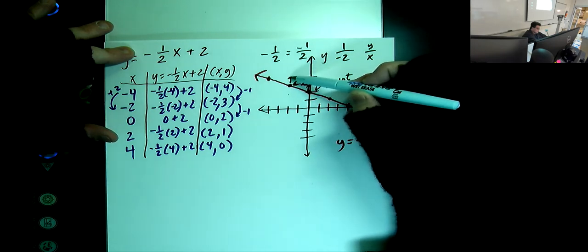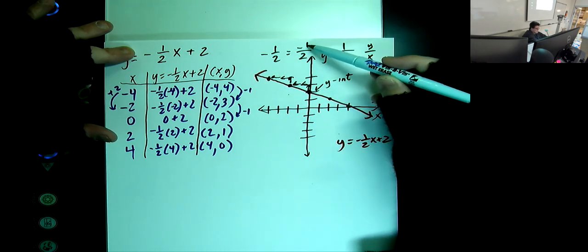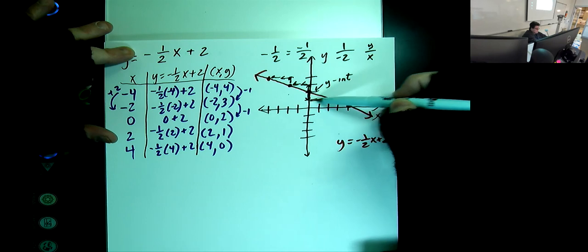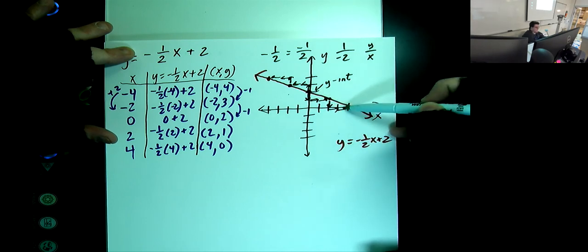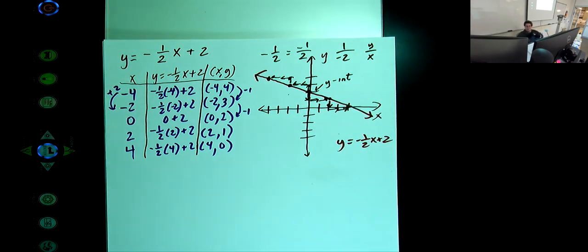Up 1, left 2. If I do the other one, I've got down 1 and right 2. Down 1 and right 2, and you can just keep doing it. This is for linear equations. And like I said, we'll be doing more of this later today. You guys are getting an early jump start on it, because that's how I roll.